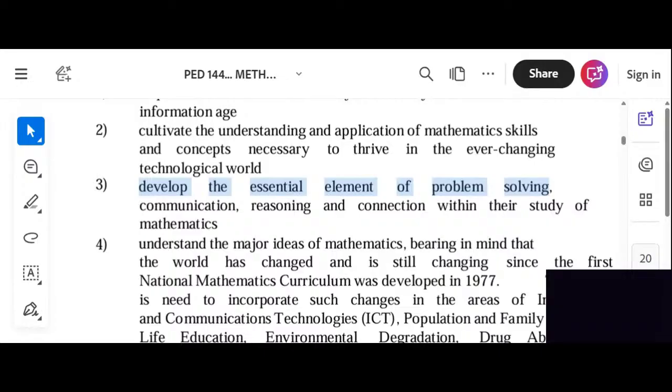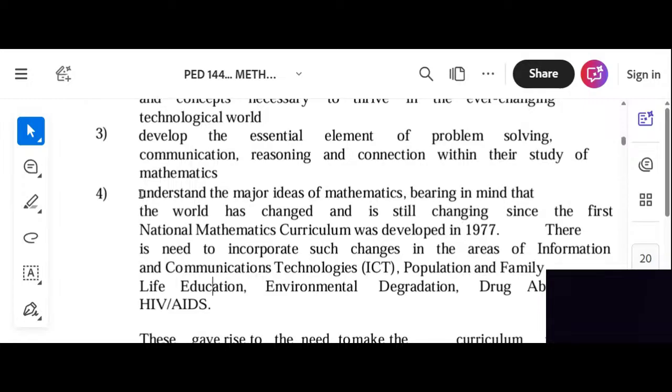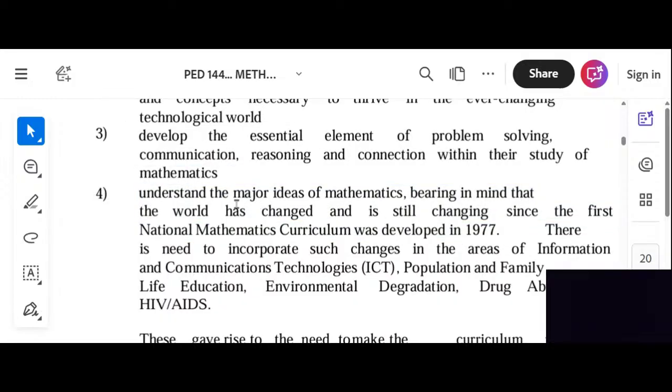Not only problem solving, but also communication, reasoning, and connection within their study of mathematics. Another thing is for your learner to understand the major ideas of mathematics, bearing in mind that the world has changed and is still changing since the first national mathematics curriculum was developed in 1977. This is vital information suitable for exams.